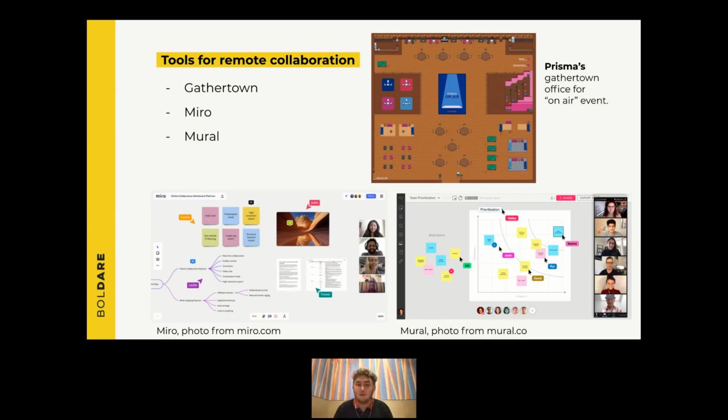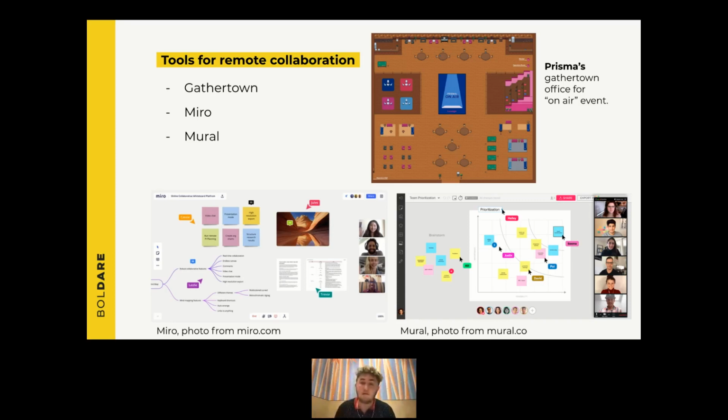You can walk around like Mario. This little guy that travels on the map looks really similar. So we got this bunch of Marios walking through the office, and whenever you are close to your colleague, you see their video or hear them speaking, if they turn it on.